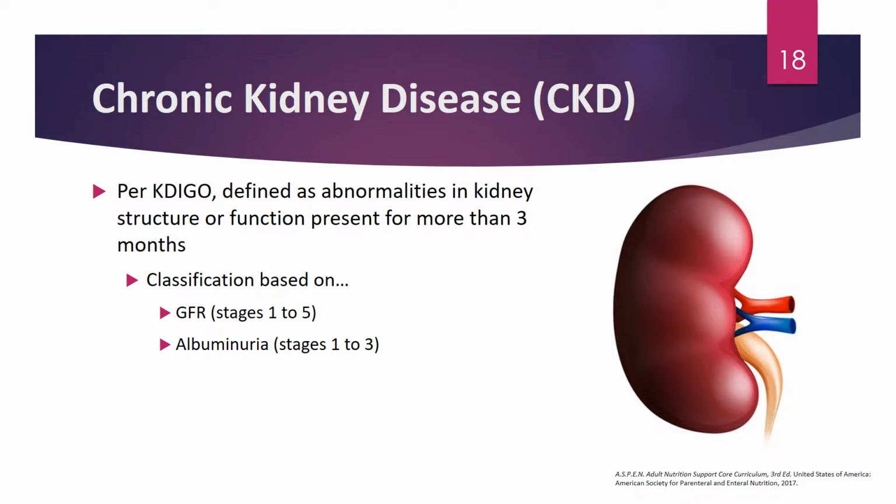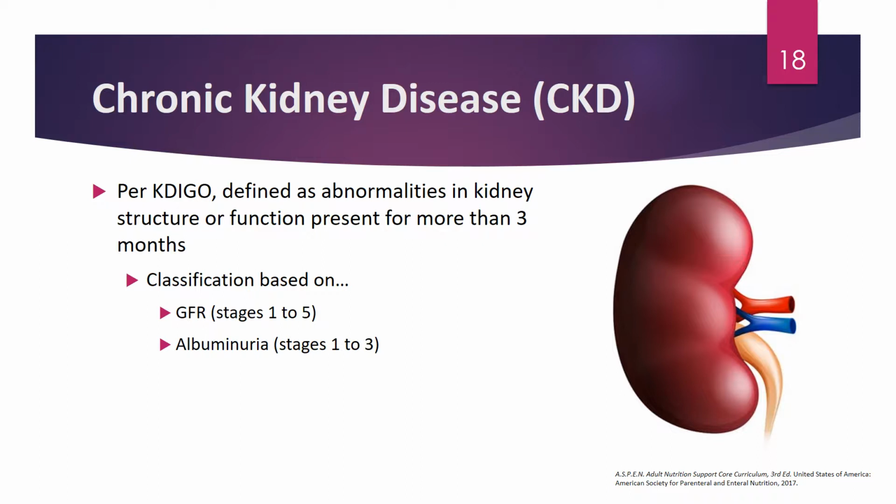In patients that have chronic kidney disease, remember the differences between what is called acute and what is called chronic. Acute is essentially over a short period of time. Chronic is basically long-lasting. So per KDIGO, chronic kidney disease, or CKD, is defined as abnormalities in kidney structure or function present for at least 3 months or more.